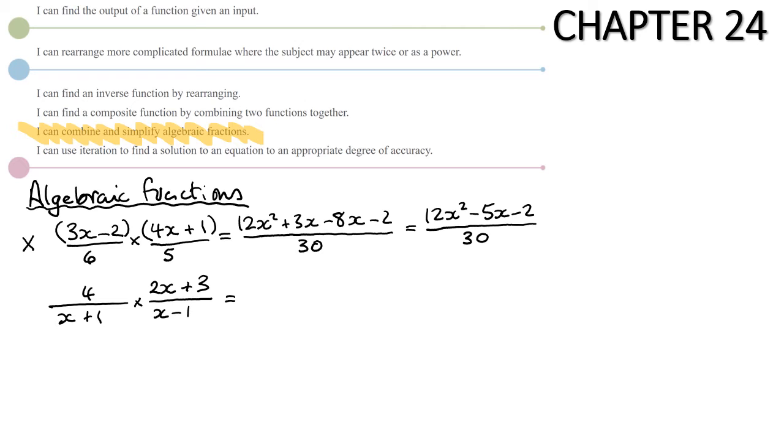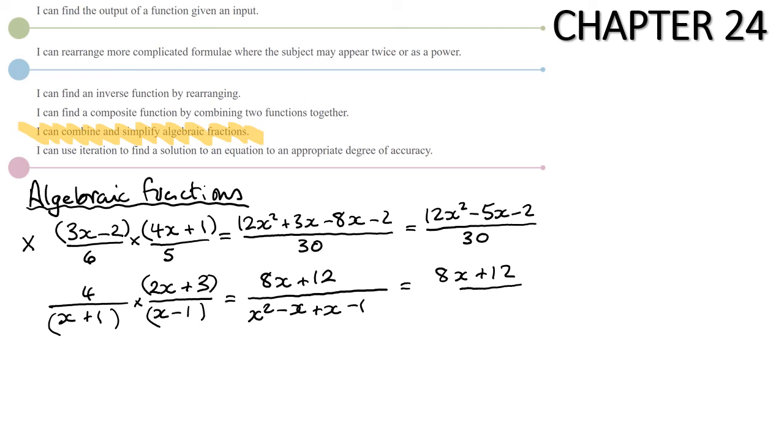So I would have, again it's like expanding brackets because you're just timesing, so the top I would have 8x plus 12, the bottom when I expand the brackets, x squared minus x plus x minus 1, and if I simplify that I will have (8x plus 12) over x squared minus 1.